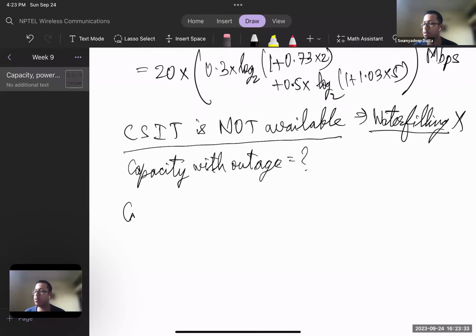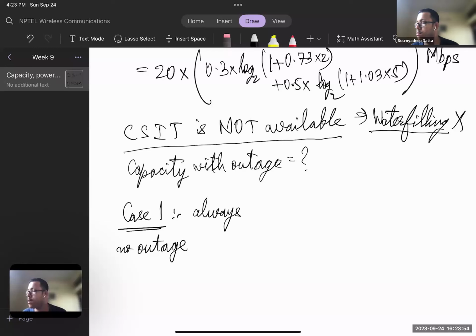Case 1: just follow the steps that I'm showing, and then you'll understand why I'm doing it. Case 1, you are assuming no outage. So you will assume that the channel is in the worst case, so the channel is always gamma 1.